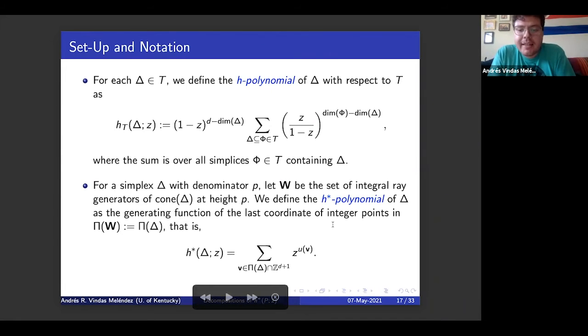And so I'm going to define the H-star polynomial of a simplex to be the generating function of the last coordinate of integer points in the fundamental parallelepiped. The H-star polynomial of my simplex is just the generating function of the last coordinates of the points in my fundamental parallelepiped.